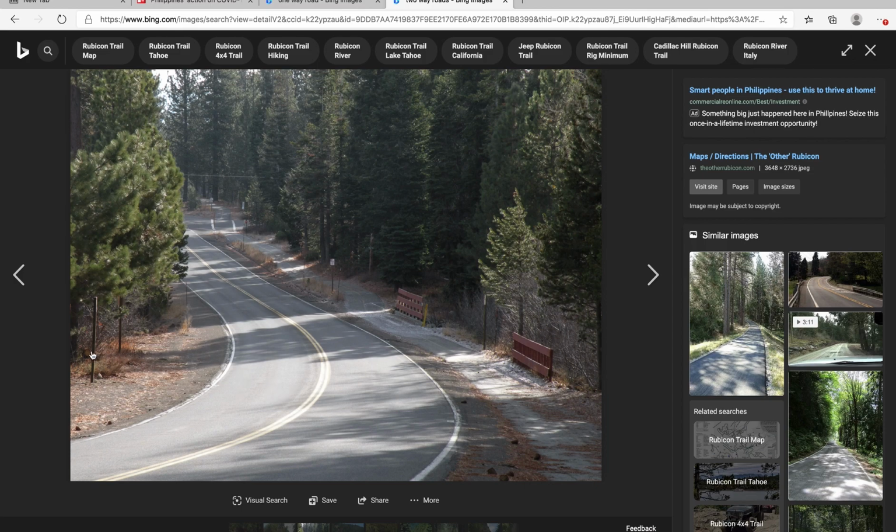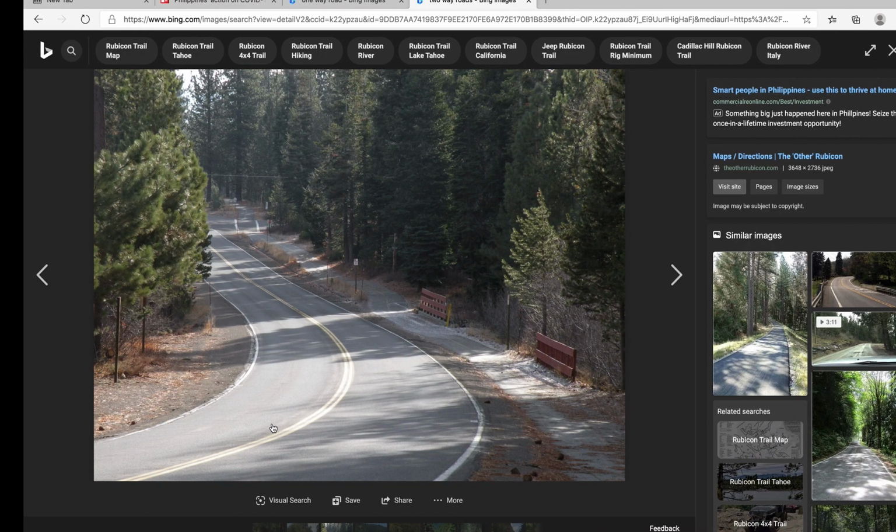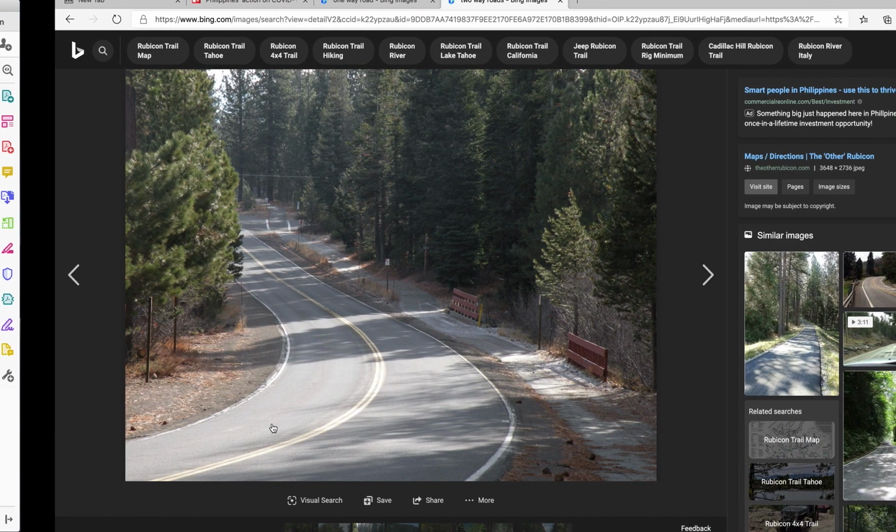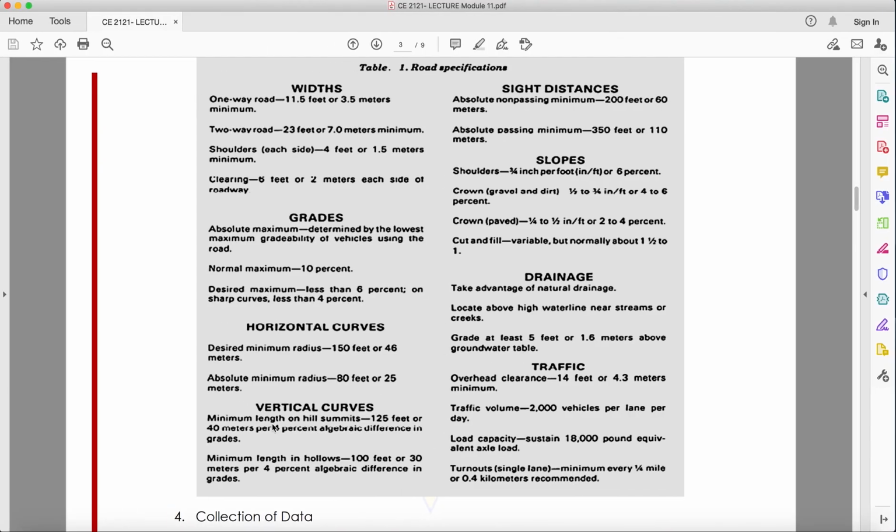Radius from the center of the circle to the center of the road. Okay, so yun yung sinasabi nating radius. We will try to imagine that more when we have our example.